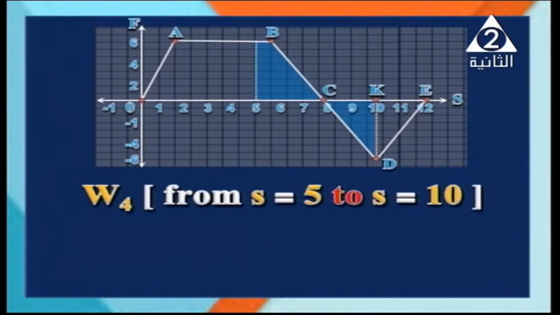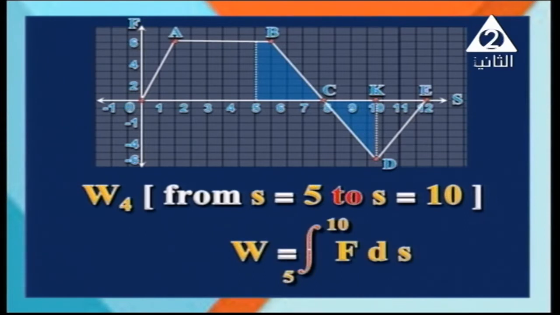But the shaded region below the S axis is a triangle CDK, its base 2 and its height 6. We find the integration from 5 to 10 by using the area of the trapezium above the S axis minus the area of the triangle below the S axis.